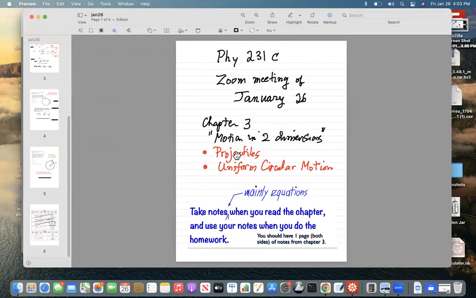All right, so let's go over some examples to see how you can do problems involving motion in 2 dimensions.